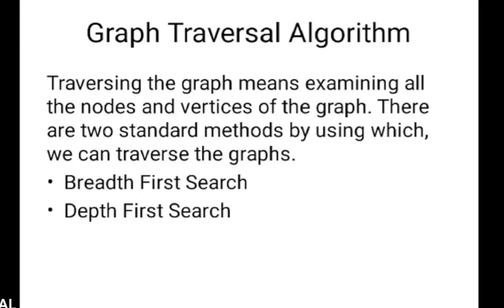But in case of graph, there is no root assigned. So we can choose any one of them as the root. Maybe in the exam, in the problem, a root is given to you, that give a breadth first search traversal starting from this node. If it is not given, then you can assume any of the nodes, but clearly specify that this is the root we are assuming.